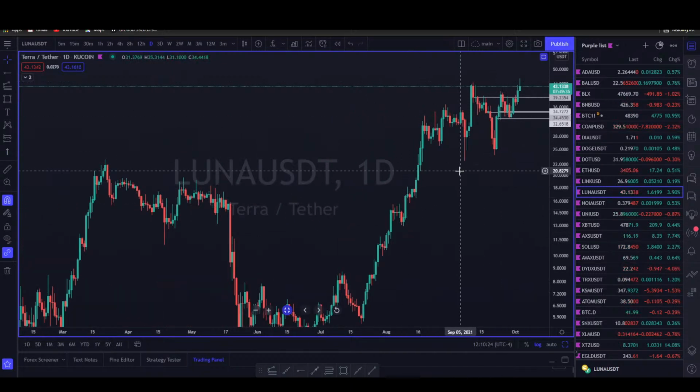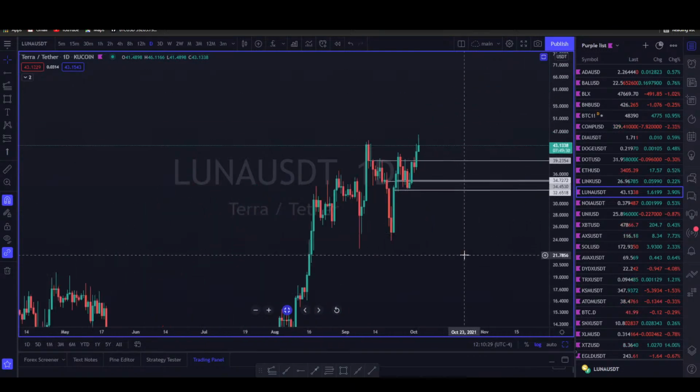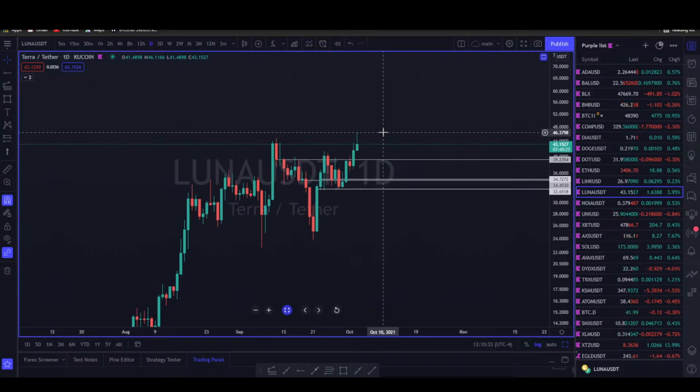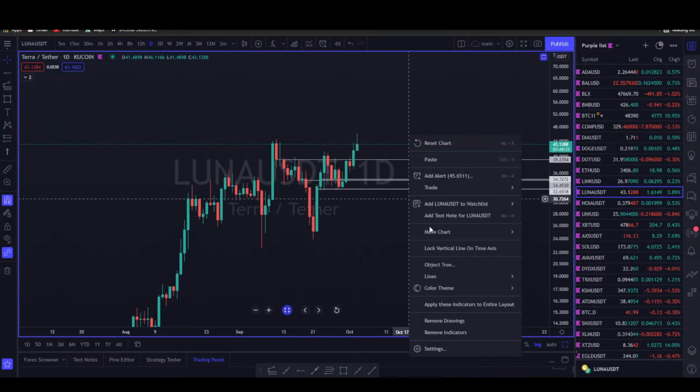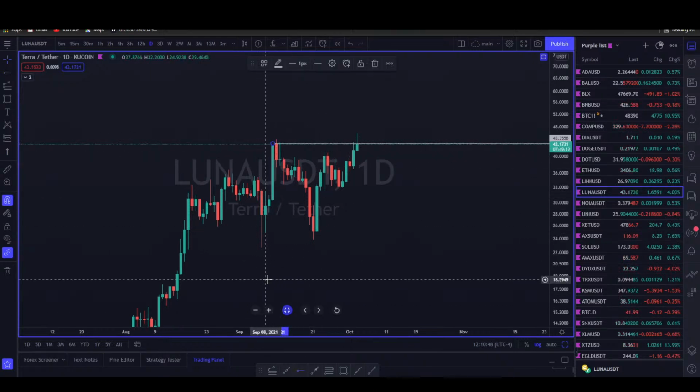Yeah, Luna broke out, made new all-time highs this morning. So I mean, yeah, I wouldn't look for buying it, man. This is the thing. I would want to see it break out with a strong bullish close, then come back in for an old resistance test, and then see if that level holds on like a 4-hour basis.